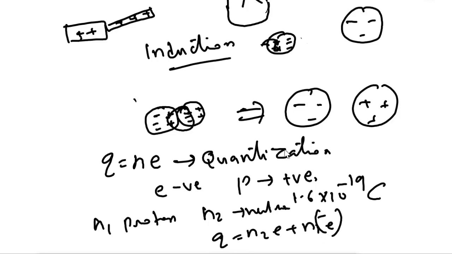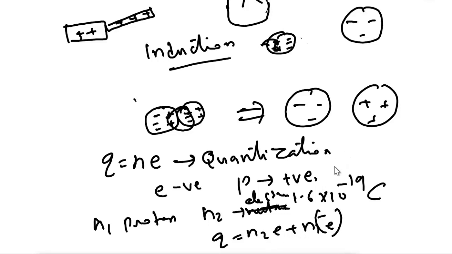N2 minus N1 into E. This is the total charge of the system. Sorry, N1 protons are there, and N2 electrons are there. Then the total charge of the system is N2E minus N1E. See, one is a positive charge and the other is a negative charge.